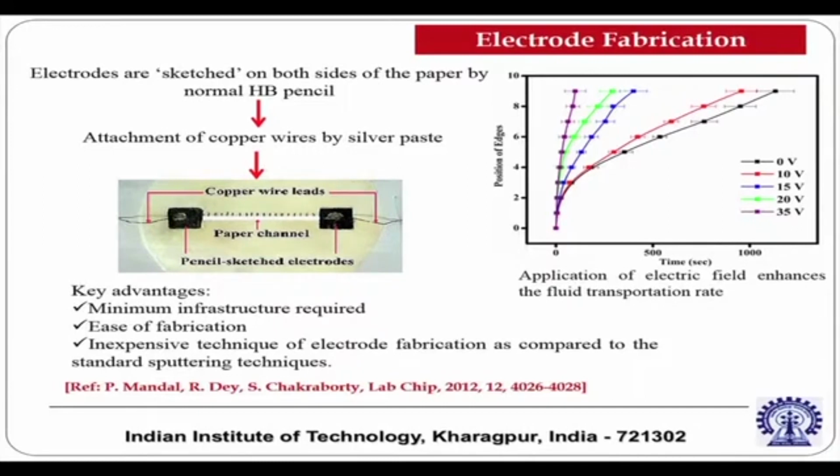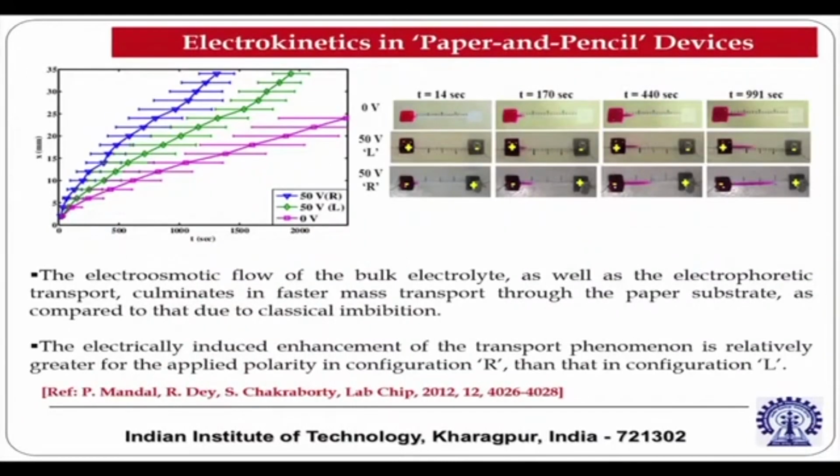This is called a paper and pencil based device, which is ideally suited for medical diagnostic applications, because you can make very inexpensive microchannels on paper, and then you can scratch pencil on the same paper so that you get electrodes, and then you can have electrokinetic flows of blood samples in a paper and pencil based microfluidic device. It requires minimal infrastructure, it is very easy to fabricate, and the inexpensive technique of electrode fabrication makes it ideally suited to be used in a low cost microfluidic platform.